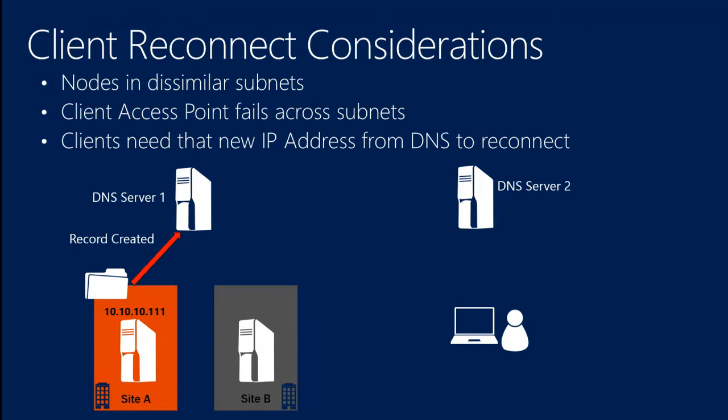So here's what happens: you have a name which is online on your 10.10 network. It's going to register with DNS. So foo is associated with 10.10. That DNS server is going to replicate to all the other DNS servers, and your clients are going to obtain that record from the DNS server.